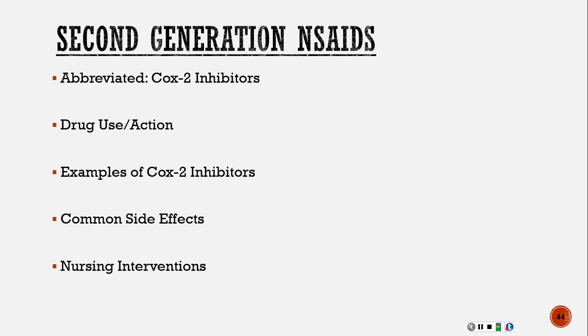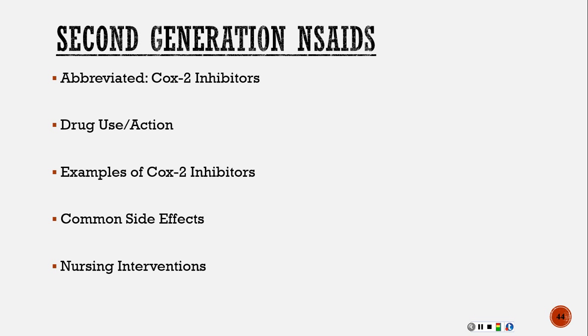second generation NSAIDs, and they've kind of garnered a lot of attention lately. They inhibit prostaglandin synthesis selectively. Okay, they selectively block the COX-2 enzymes, not the COX-1 enzyme.